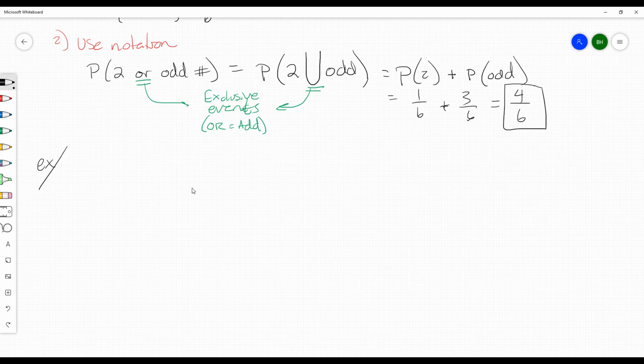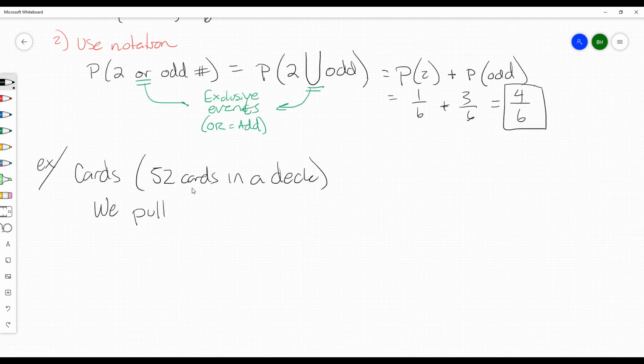Some differences. Let's say we're playing with some cards now, right? A deck of cards has 52 cards found within it. Using these 52 playing cards, we pull 2 cards.